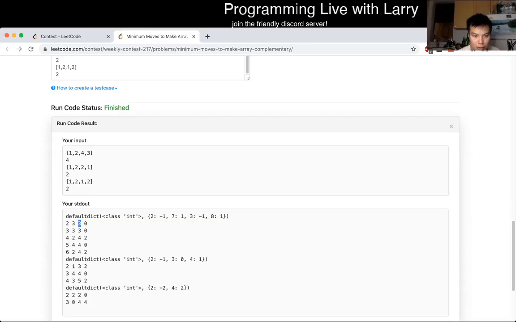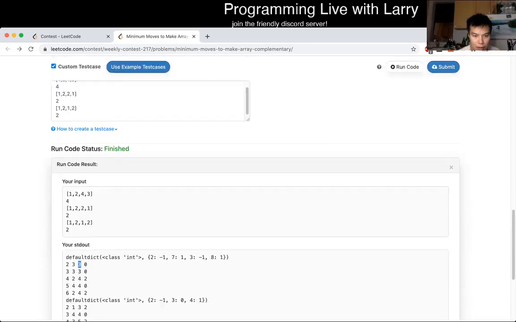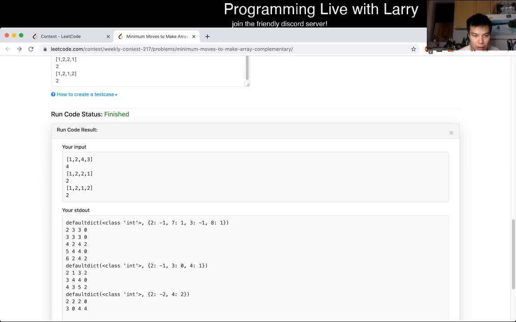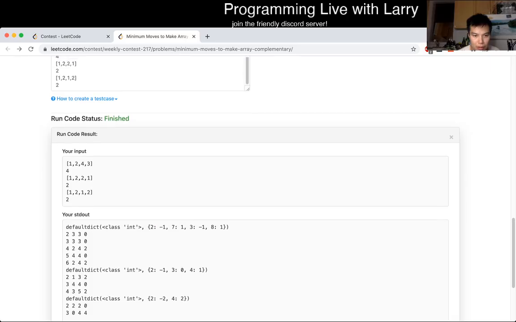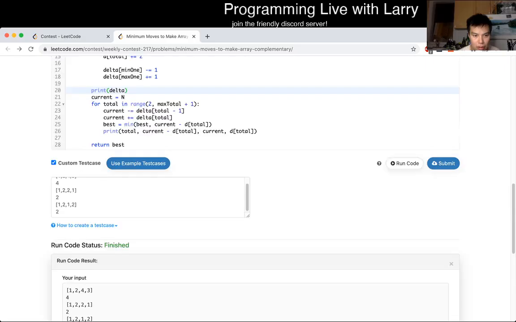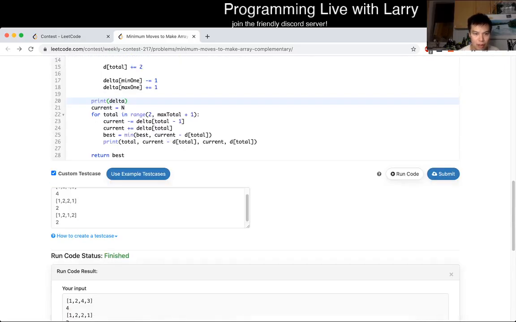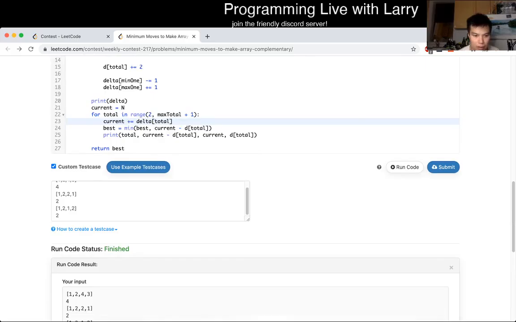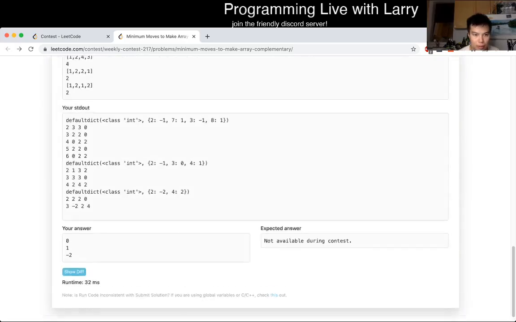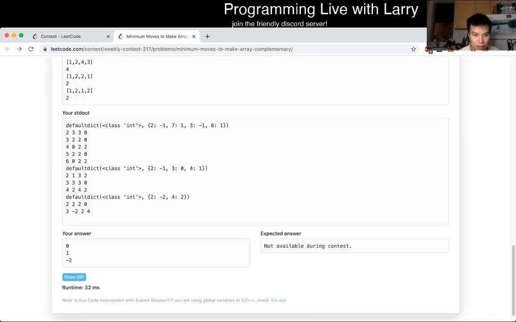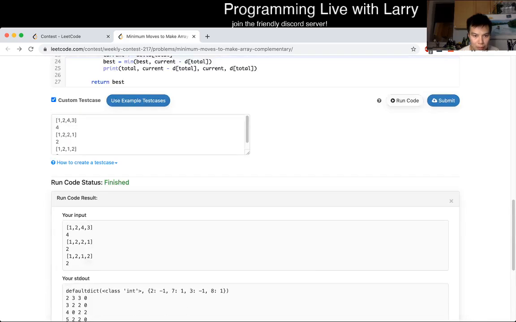Current is 4 for numbers, hits the negative 1 on 2, 3. Oh, this actually is not necessary. Well, not right either.